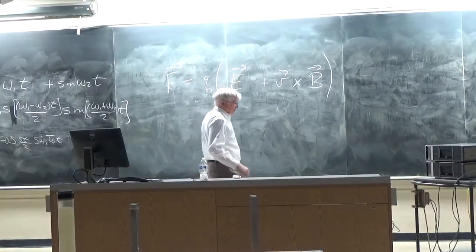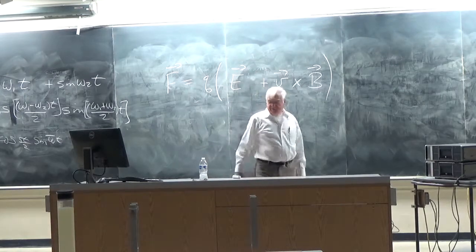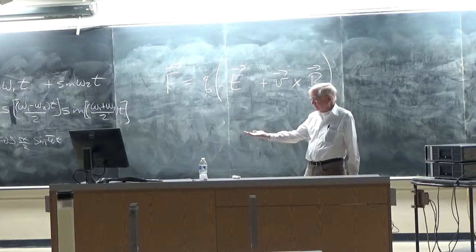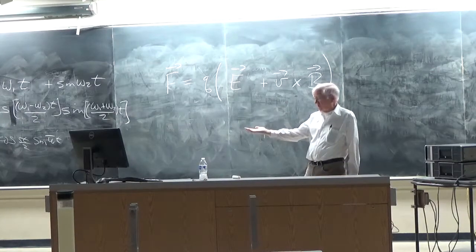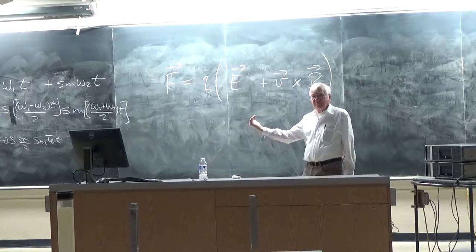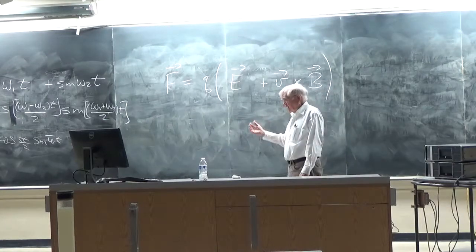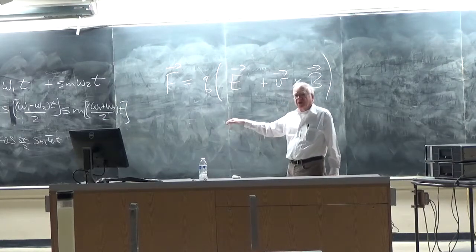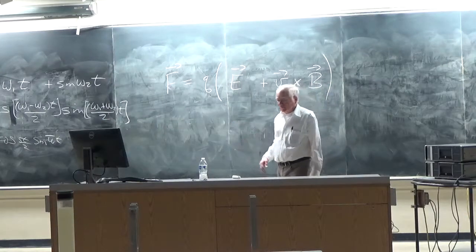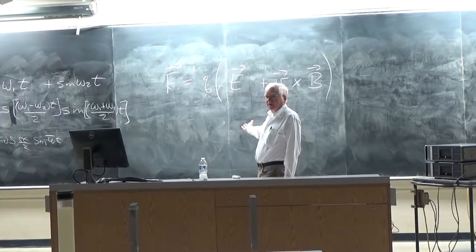But if, let us say, B is up, and the particle is moving this way, and it's positively charged, then you do V cross B, and you get a force, your thumb points into the board. Initially, it would turn to the right, but after it starts turning, it would eventually be moving into the blackboard.